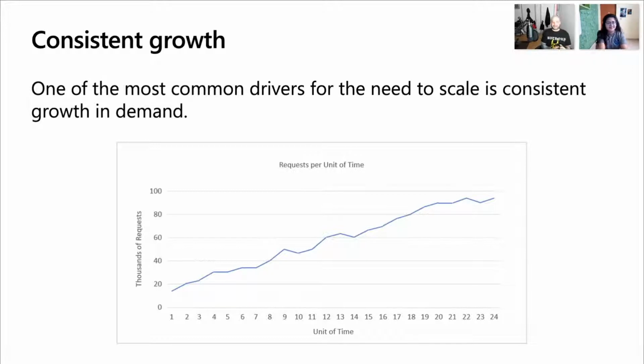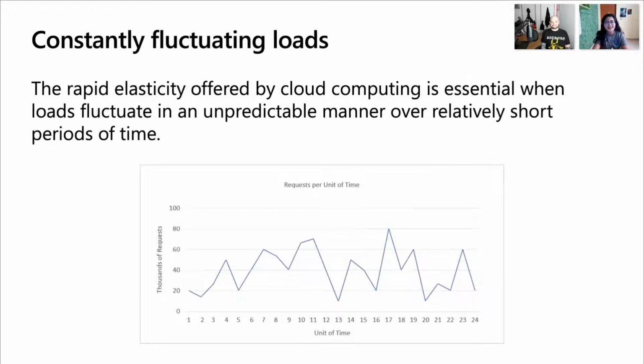Dwitrisha, I do not have 22 years to order a pizza. That sounds really frustrating. Everybody wants a good pizza in very little time. So the rapid elasticity offered by cloud computing is essential when the load fluctuates in an unpredictable manner over relatively short periods of time.